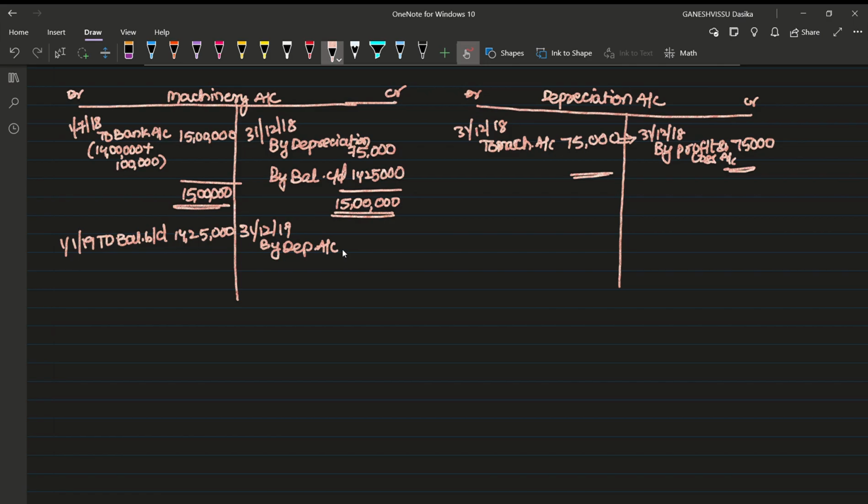The amount of depreciation is 1,50,000 in this year, so 1,50,000 we are going to credit. And what is the balance? By balance carried down, 14 lakh 25,000 minus 1 lakh 50,000, which is 12 lakh 75,000. So the total is 14 lakh 25,000.